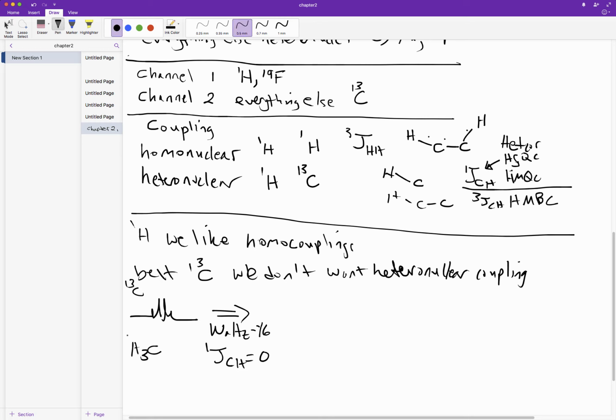So you'll run a carbon spectrum, and instead of a multiplet, you'll see a single peak. This is again C13, but we've collapsed the multiplet into one peak, and so we can count all the carbons in our spectrum and get rid of a lot of the overlap that happens between multiplets.